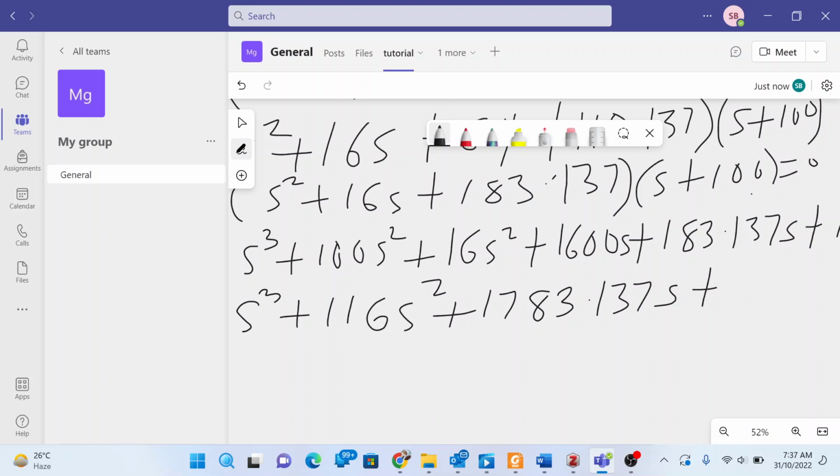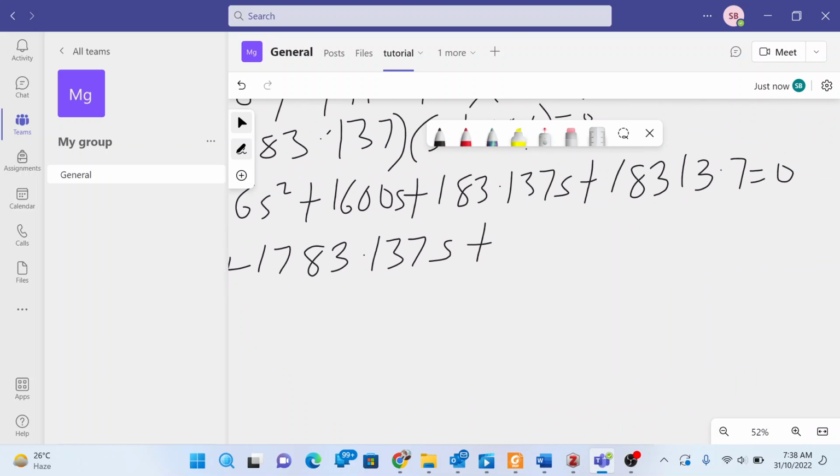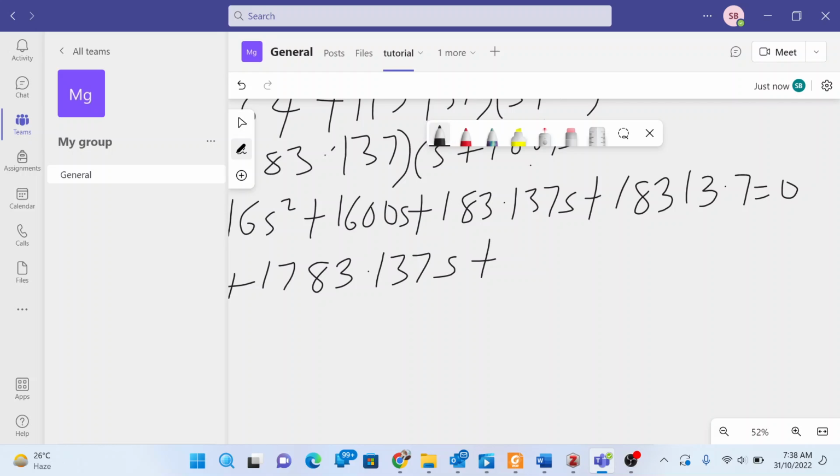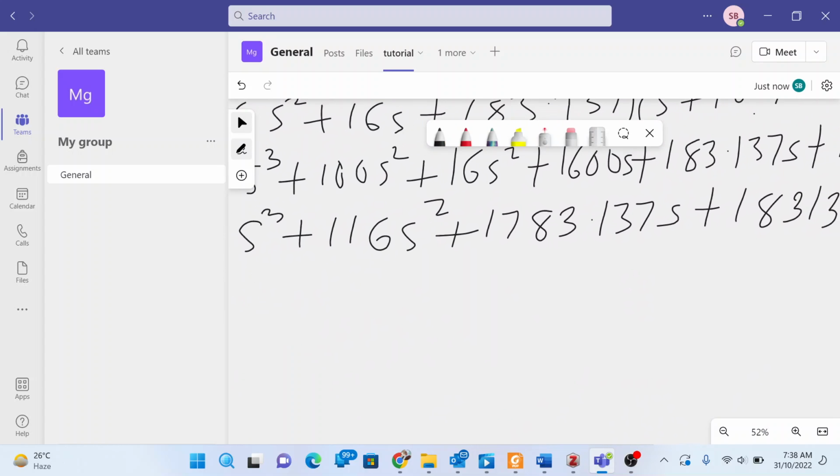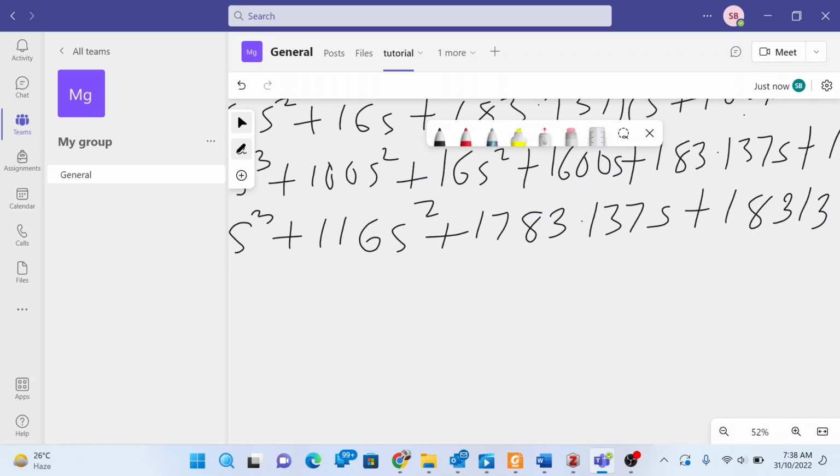Then plus the last term, the one that does not have S, which is 18313.7, equals 0. Having obtained this, we have added everything together, so it is now in its complete form. We'll set this one aside and call it equation 1.